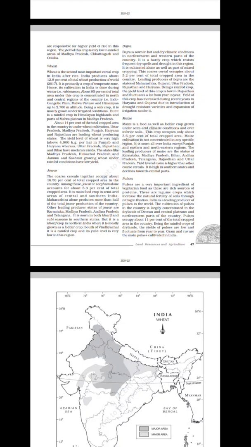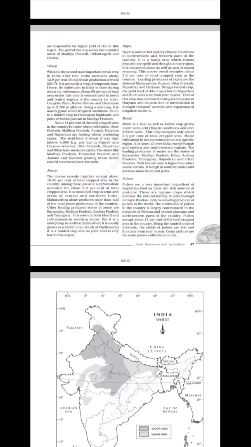Pulses. Pulses are a very important ingredient of vegetarian food as these are rich sources of proteins. These are legume crops which increase the natural fertility of soils through nitrogen fixation. India is the leading producer of pulses in the world.